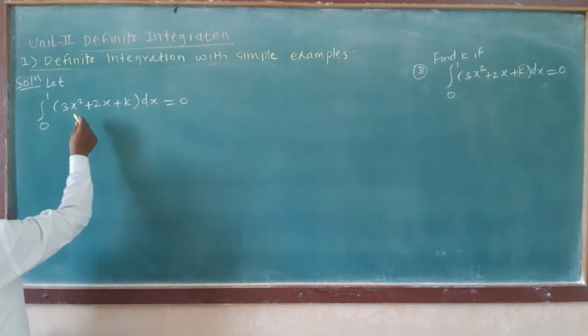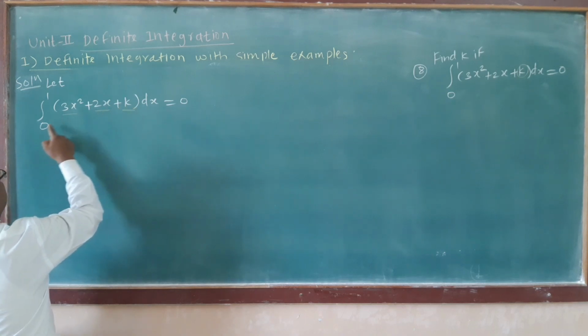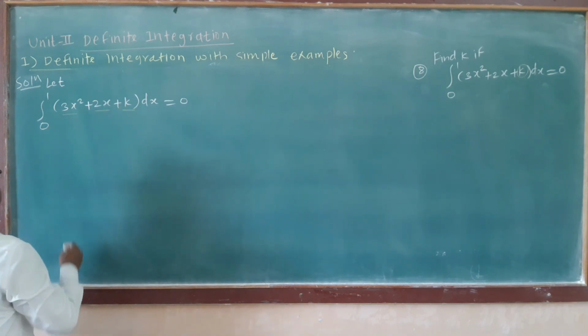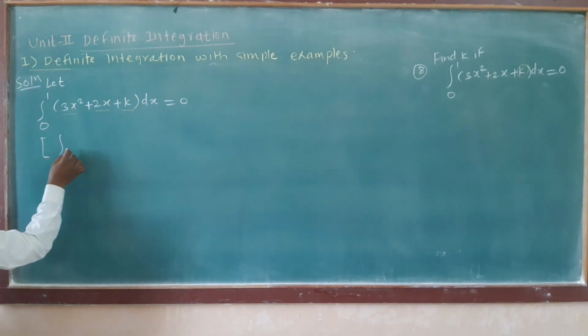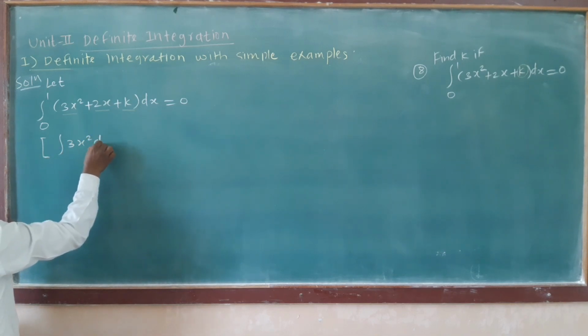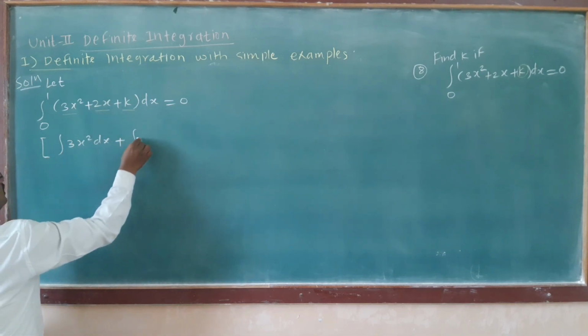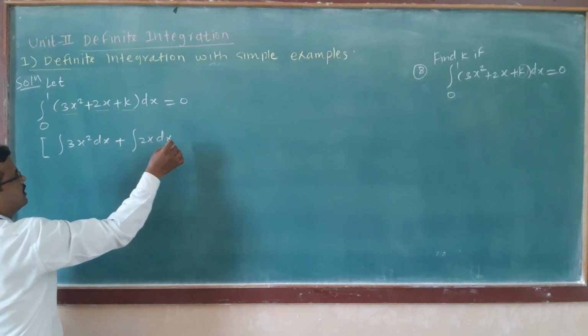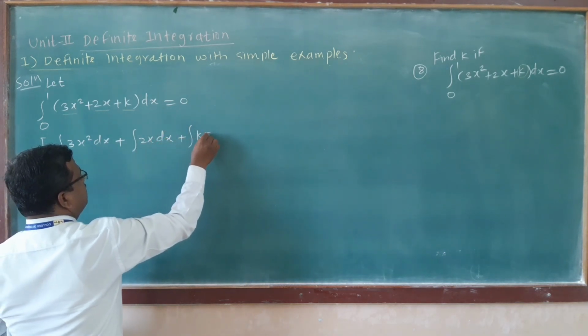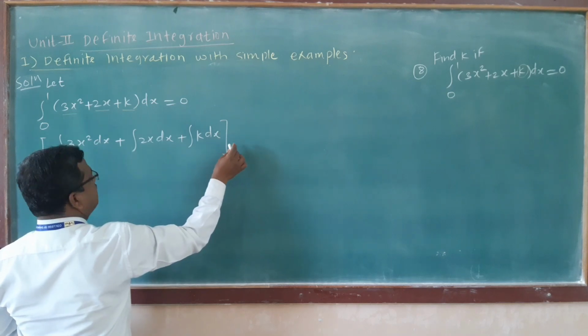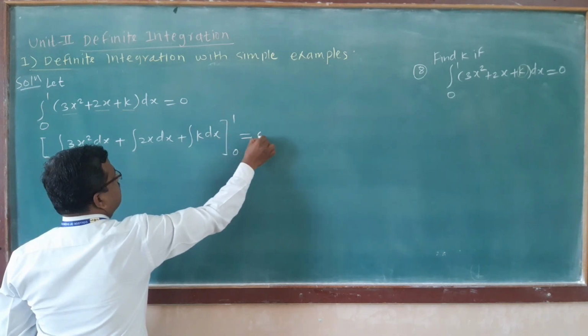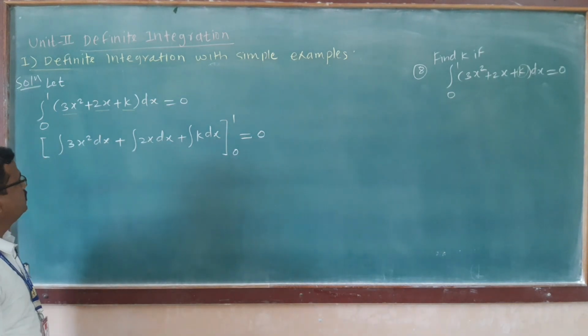Now this is sum of 3 terms, operate this integration over each term like this. Integration of 3x square dx plus integration of 2x dx plus integration of k dx within the limits 0 to 1 is equal to 0.